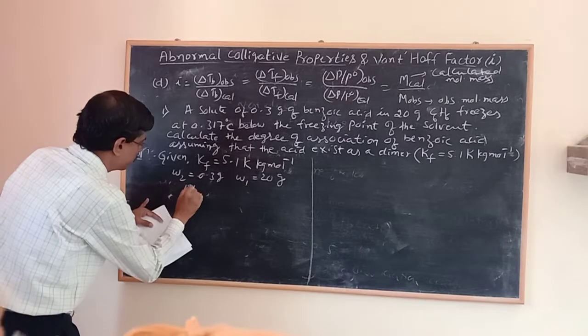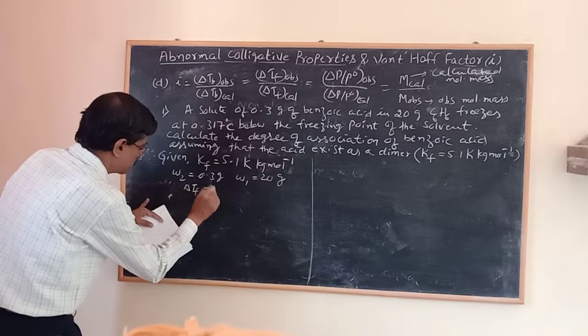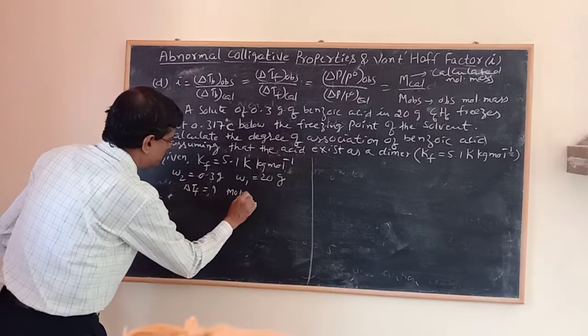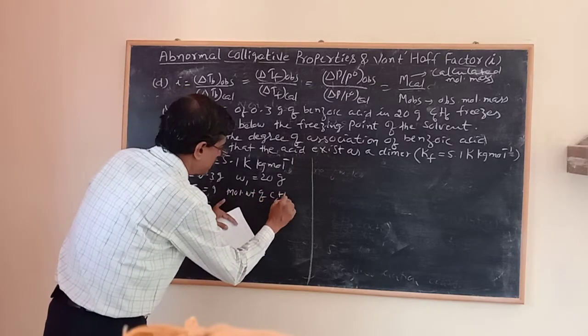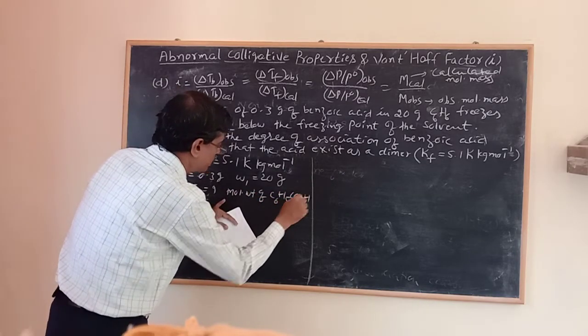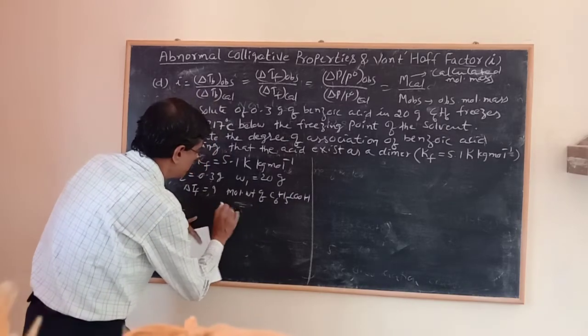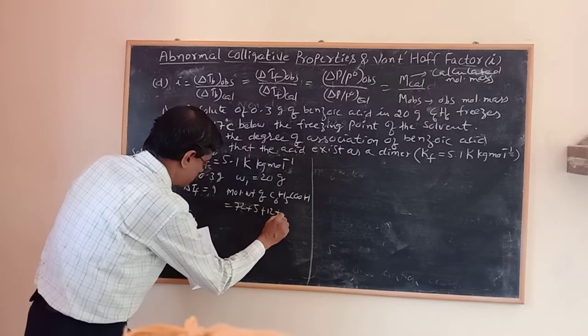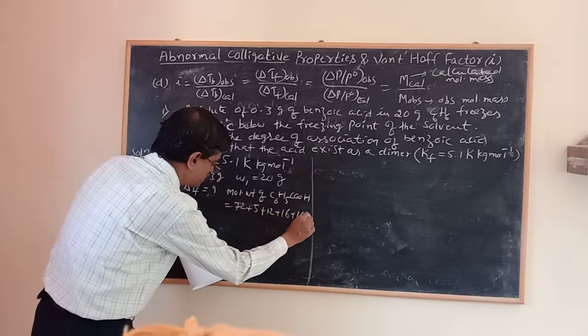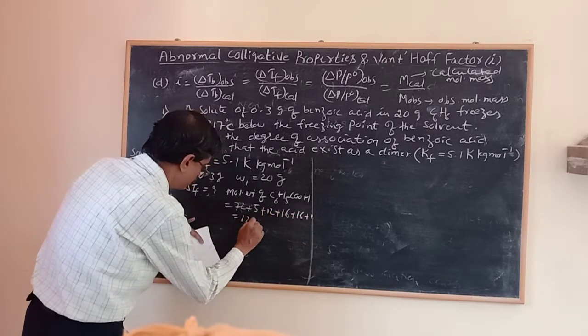So delta Tf we have to calculate now. The molecular weight of benzoic acid can be calculated, and it is found to be 72 plus 5 plus 12 plus 16 plus 16 plus 1, which is 122.